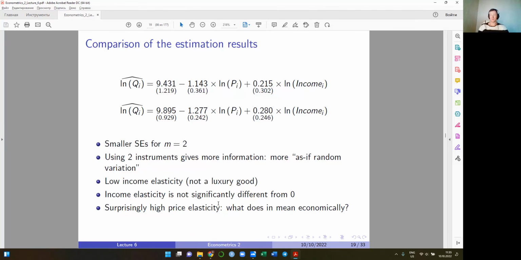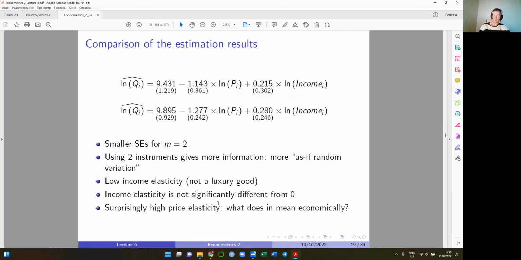So if you have a car and the price of gasoline goes up, you still have to fill your car, and you will still be buying almost the same quantity of gasoline.